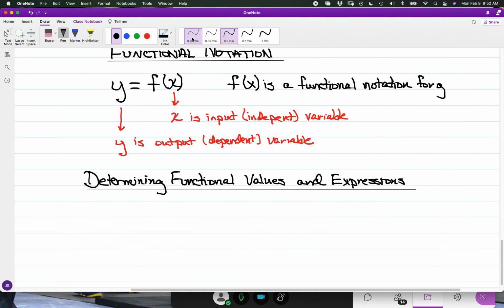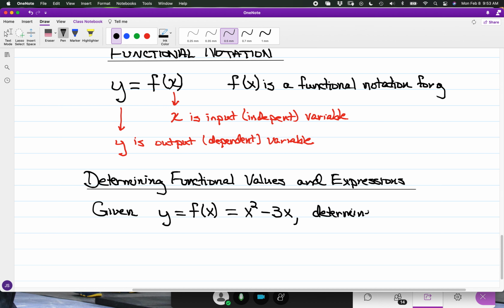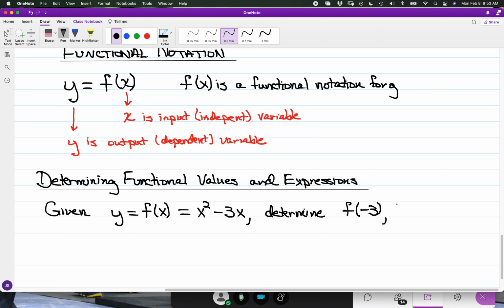Taking as a sample, given y is equal to f of x is equal to x squared minus 3x, you're to determine what the y value or y expression is going to be if you have determining y whenever x is negative 3, and also determining y whenever x is at 1, and also what the variable expression will be whenever we change over the input from x to the binomial x plus 2.